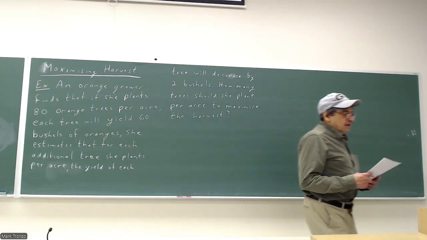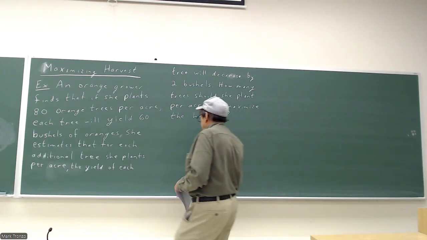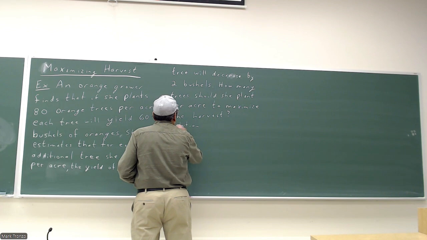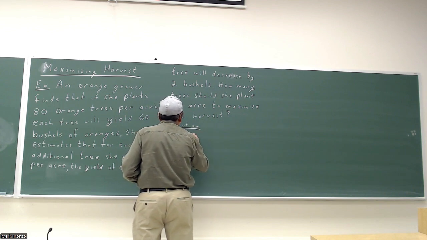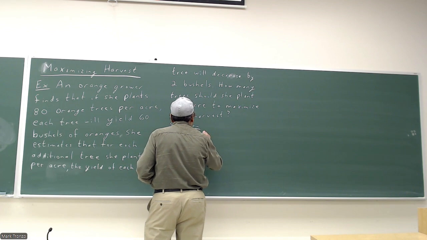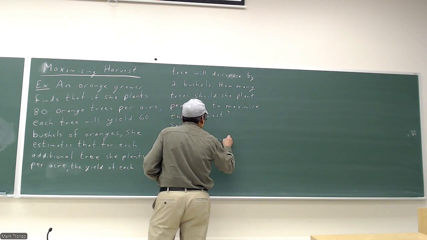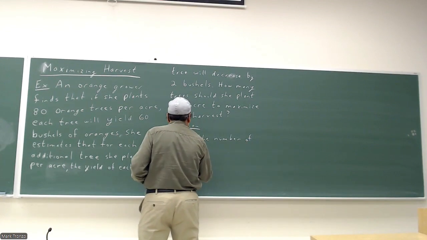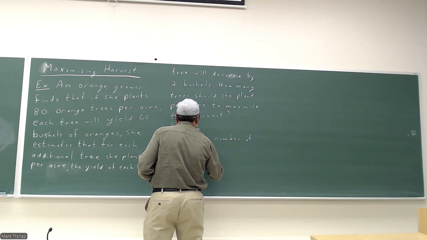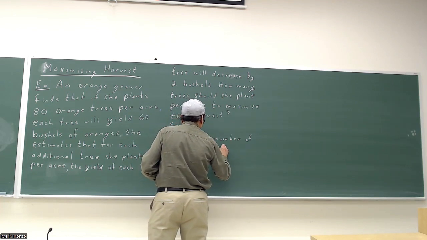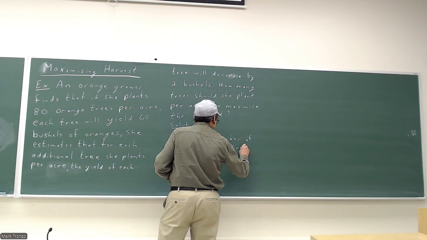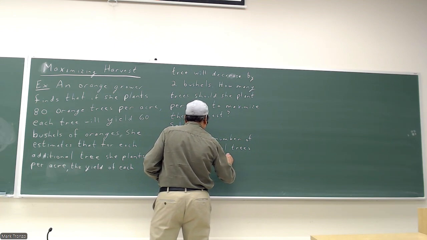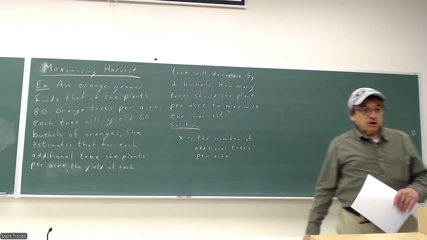Let's define x to be the number of additional trees per acre. That's what we're going to call x.